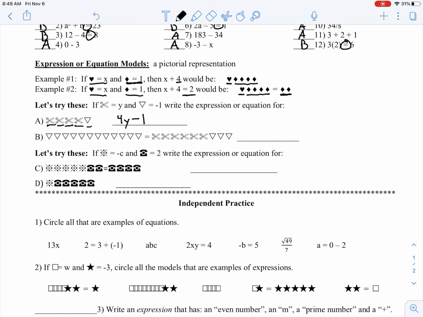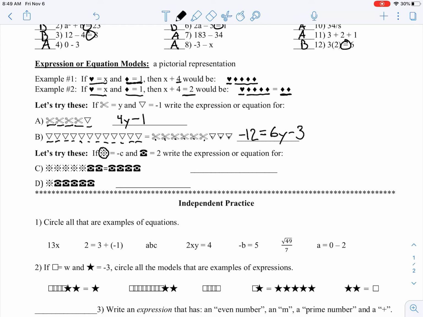So let's count out our -1: -1, -2, -3, -4, -5, -6, -7, -8, -9, -10, -11, -12. We're just following along with what's written to make it easy on ourselves. -12 is equal to, well, we've got 6y, because we have 6 of those scissors, and 3 negatives, so -3. And there is our equation from this.